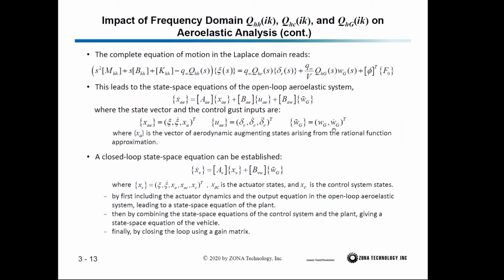Now, if we can formulate the control system into a state space equation, we can easily combine the state space equation of the control system and the aeroelastic system to have a closed loop state space equation where x sub v contains xi dot, x sub ac. X sub ac is the actuator states. X sub c is the control system states.